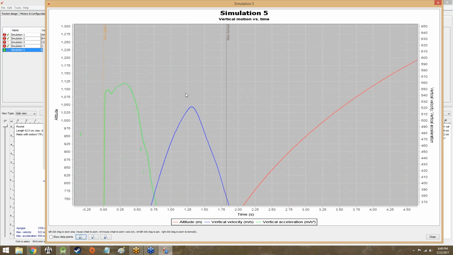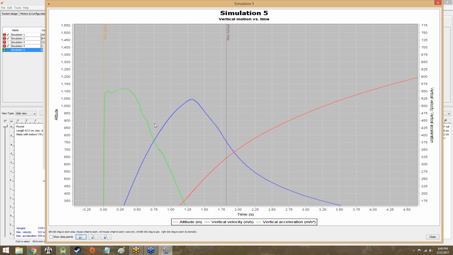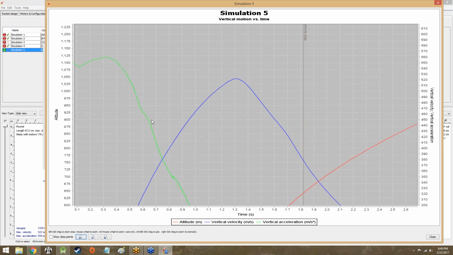No, the parachute actually doesn't happen until much, much later at this point. However, there is a very specific speed that this is going. It's actually right about here.